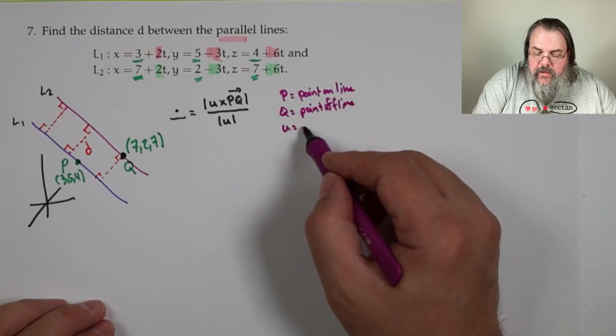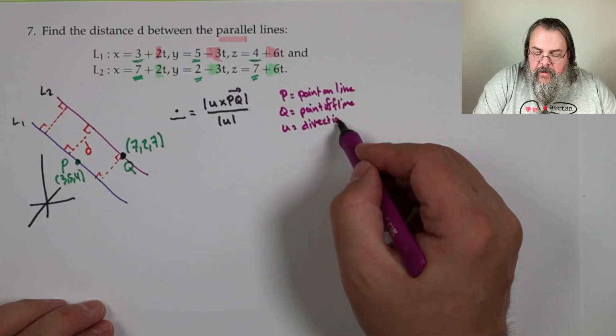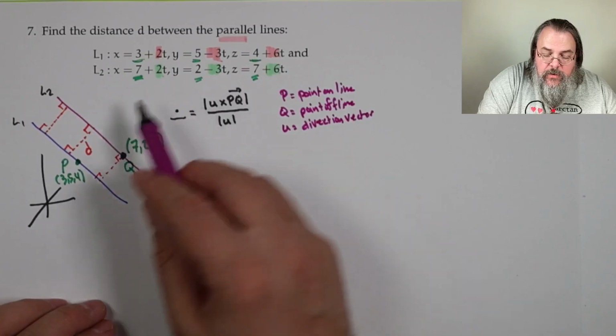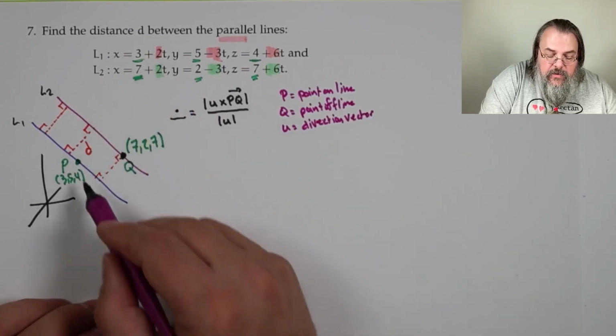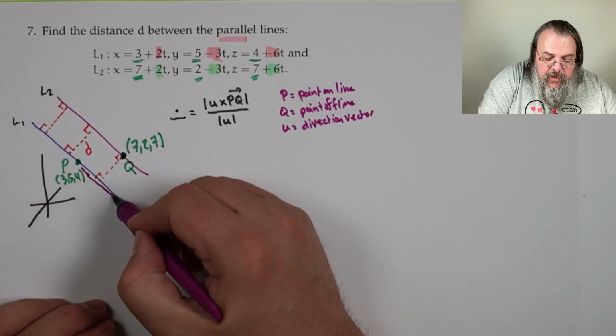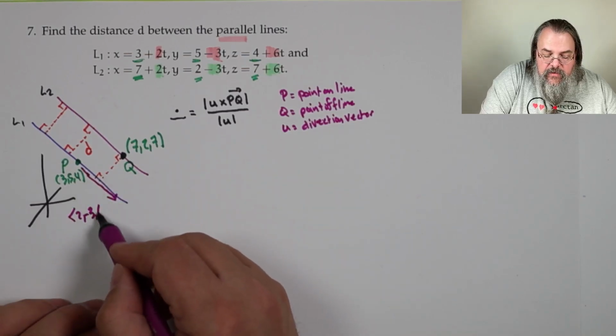And U is the direction vector of the line. Those are the pieces that we have here. So U, we've actually marked. Maybe it's this vector here, and it is 2, -3, 6.